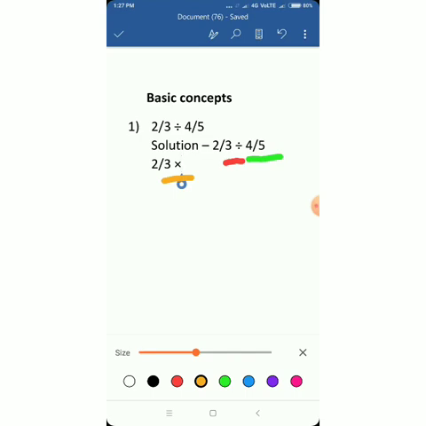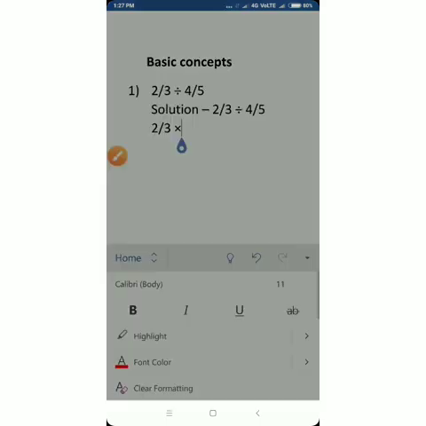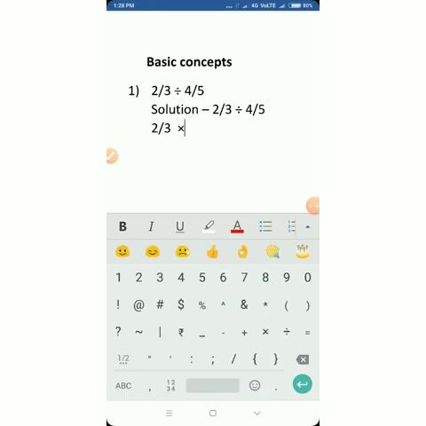If we are doing this, then 4 upon 5 will become 5 upon 4. We will write the multiplication sign and it will become 5 upon 4.